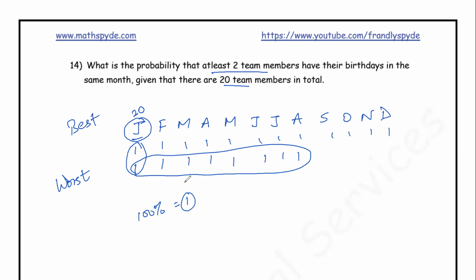But in the best case scenario, I could have had all the 8 people in the same month. And what I would find is that I would get two answers depending on the situation. One could be zero, one could be 100%. But let's move on to the next question.